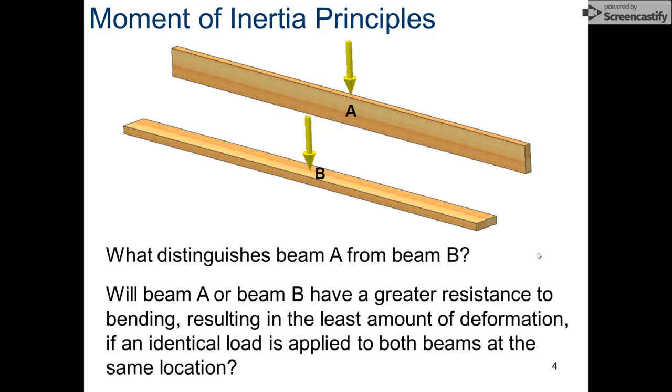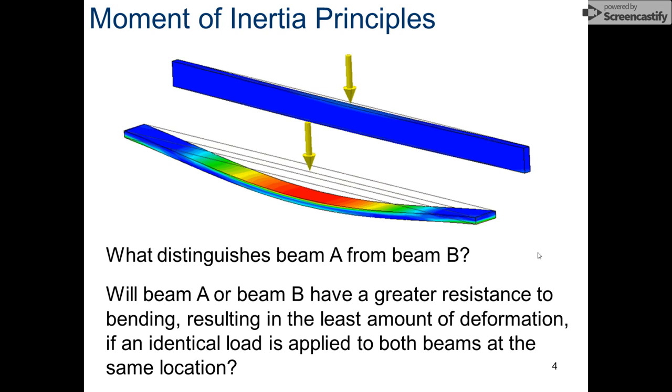Okay, so what distinguishes beam A from beam B? Let's take a look. Will beam A or beam B have a greater resistance to bending, resulting in the least amount of deformation if an identical load is applied to both beams at the same location? So what we're going to look at, we have a load, same location for A and B, but what we want to see is its resistance to that load.